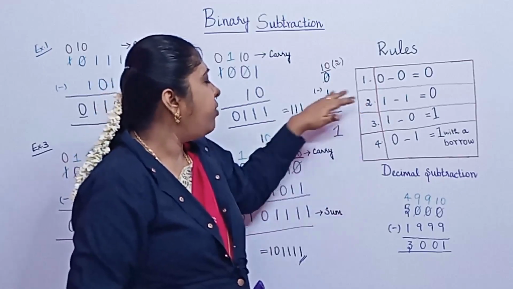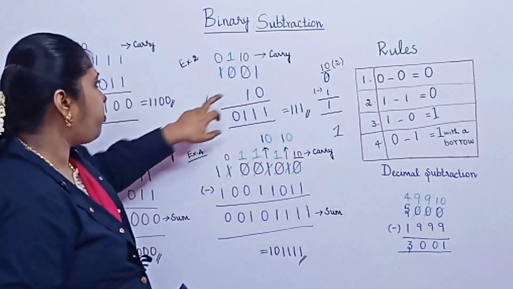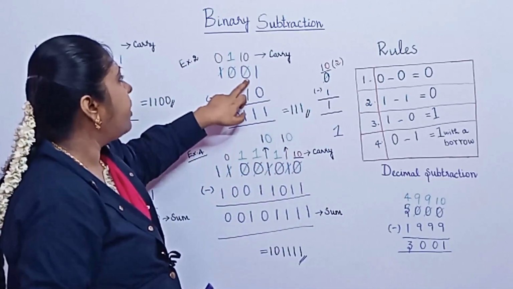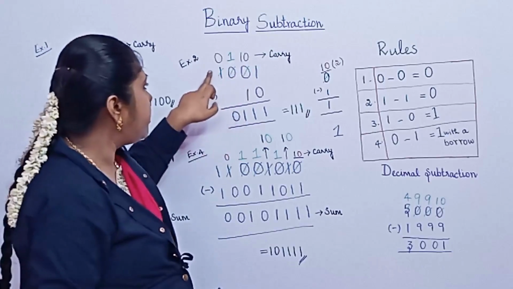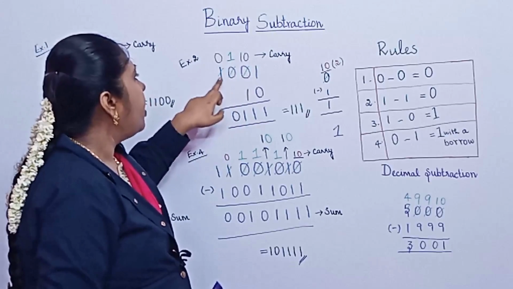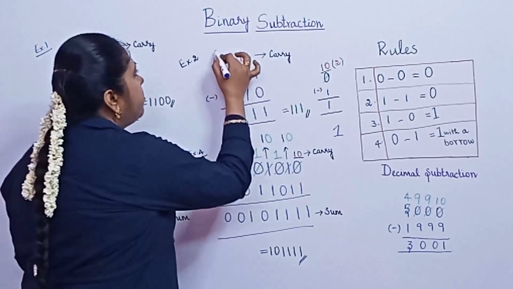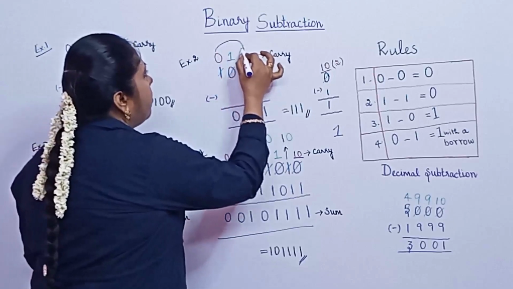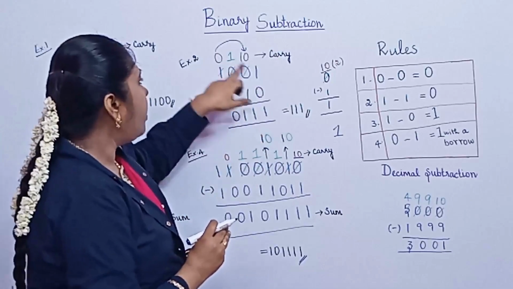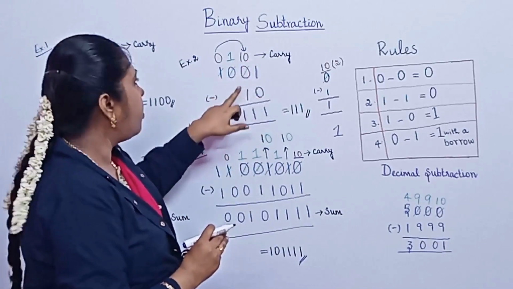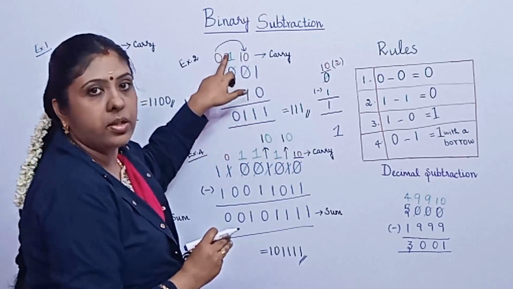And then when we have passing zeros, consider here 10, 0 minus 1, we are borrowing, the next number is 0 and the next number is 1. So we are borrowing from this 1 to this 0. This 1 transfers here and turns to 10, 10 minus 1 is 1. And here this passing 0 will turn to 1.